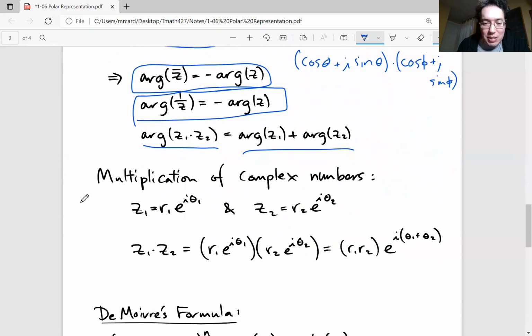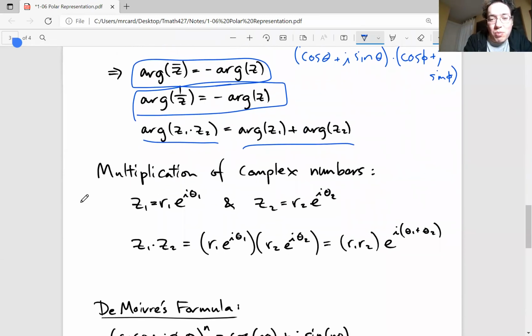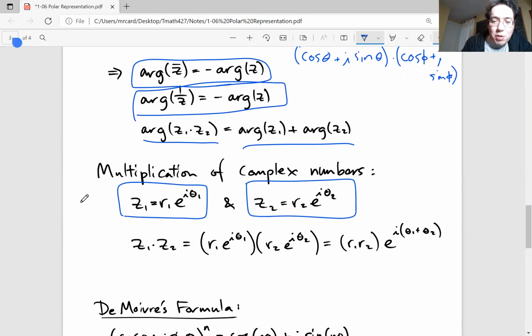In fact, the way we can prove this is the next line. If you have two complex numbers with some moduli R1 and R2 and some arguments theta1, theta2, you could just multiply and reorganize, and the moduli multiply with each other. So the modulus is like a real multiplication.